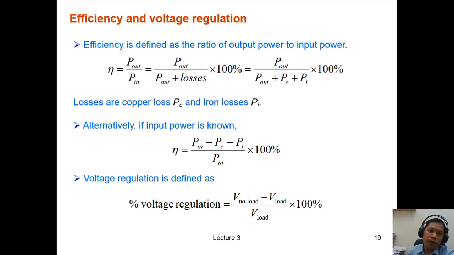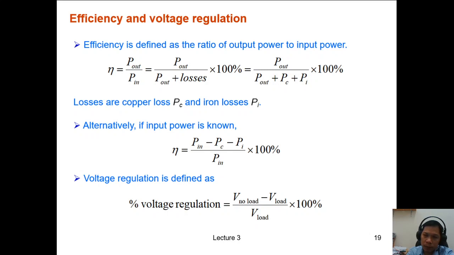To calculate the efficiency, you always calculate the output power divided by input power. That's called efficiency. If you are given output power, then the input power can be calculated by adding all the losses to the output power.